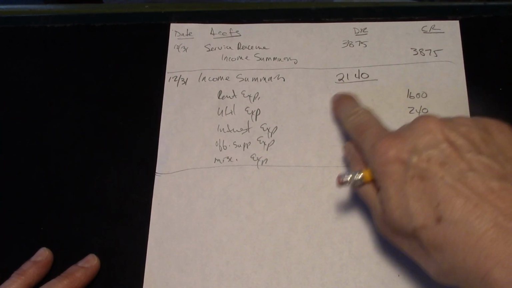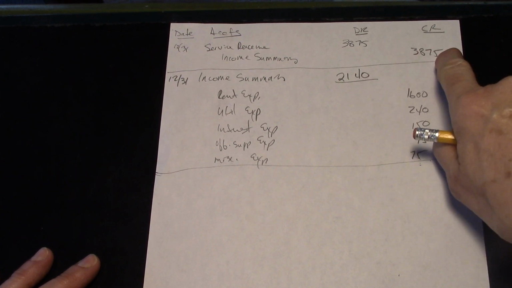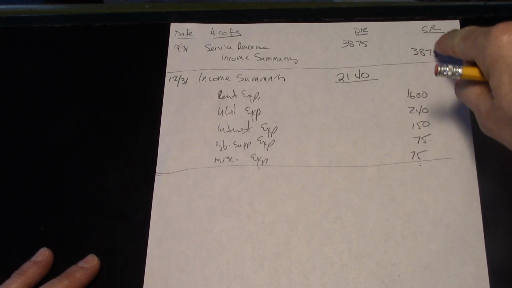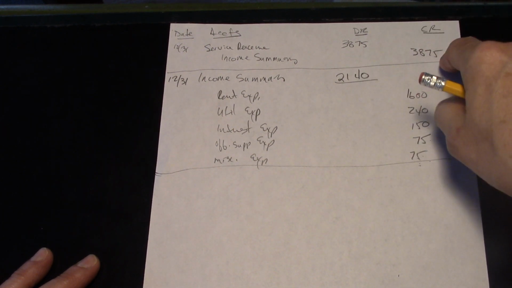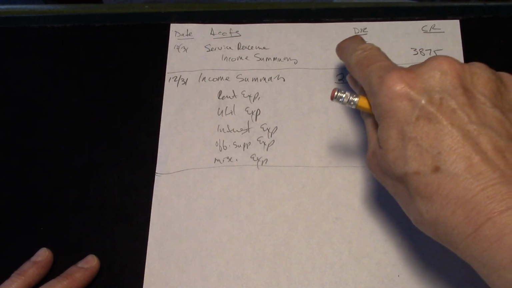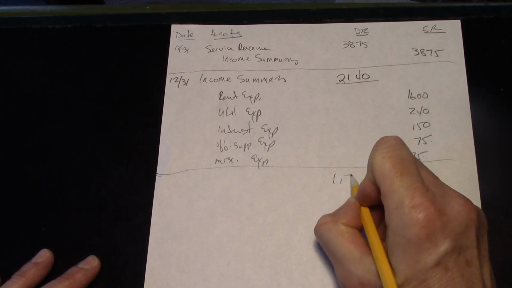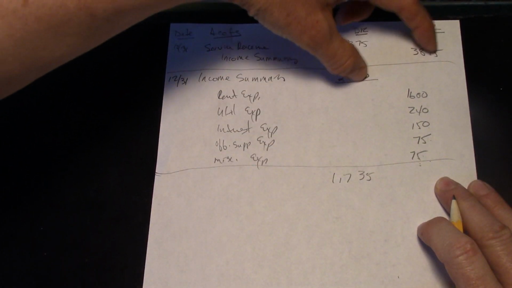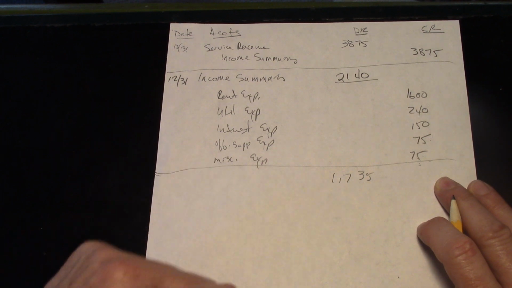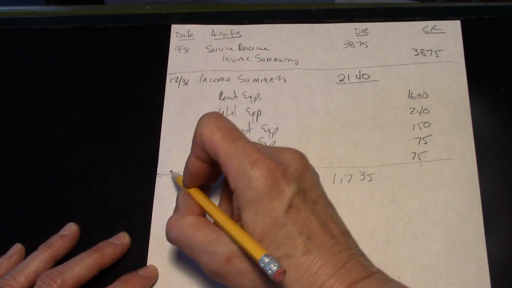Now, income summary has a balance, so we've got to close it out. Its balance is a credit balance, because credits are bigger than debits. If you take 3,875 minus 2,140, you come up with 1,735. That's the difference, and that's what we need to debit to zero out income summary.